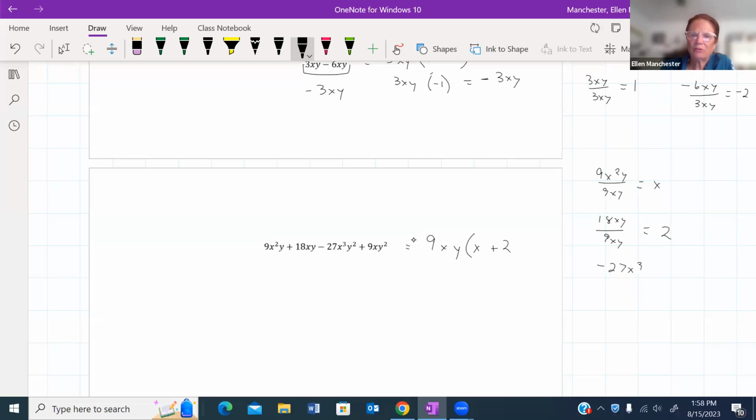Negative 27x cubed y squared divided by 9xy. So negative 27 divided by 9 is a negative 3. I have x cubed on top, x on the bottom, so I have x squared. 3 minus 1 is 2. I have y squared divided by y is just y, or 2 minus 1 is 1. So I have minus 3x squared y, and then 9xy squared over 9xy. The 9's cancel, the x's cancel, and all I have left is a y.